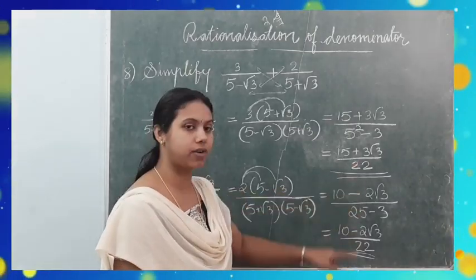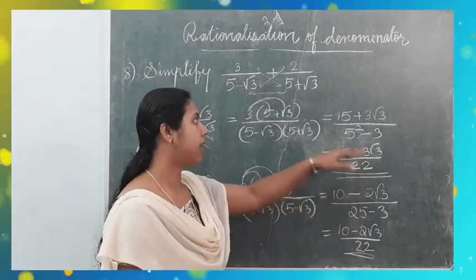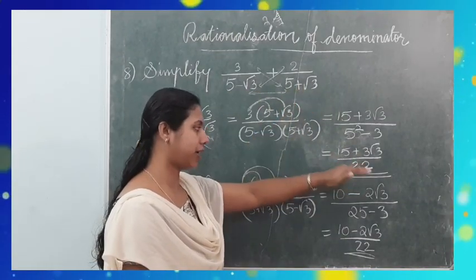Now look here, both have the same denominator, so you can add the numerators very easily. It is an irrational denominator first, so we rationalize it.